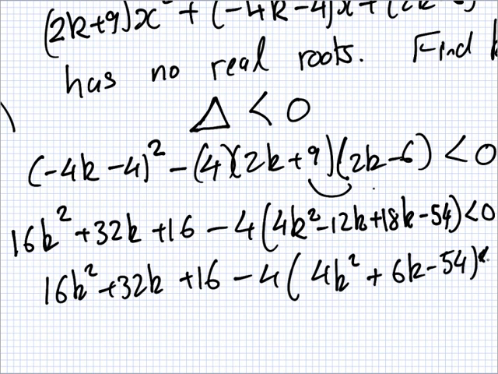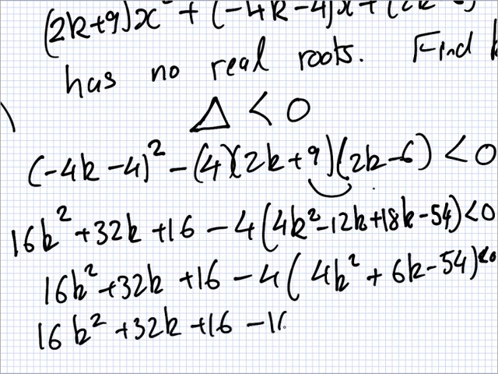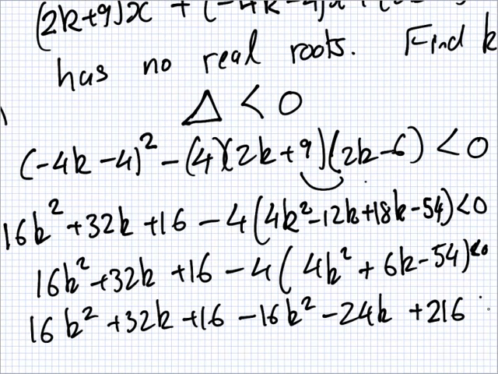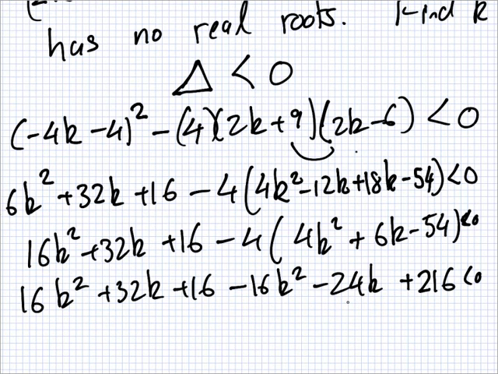Okay, 16k squared plus 32k plus 16 minus 16k squared minus 24k plus 216 less than 0. Okay, let's clean this up. Now, what cancels, which is very nice? K squared cancel, don't they? 16 and 16, gone and gone. 32 minus 24, is that 8k?